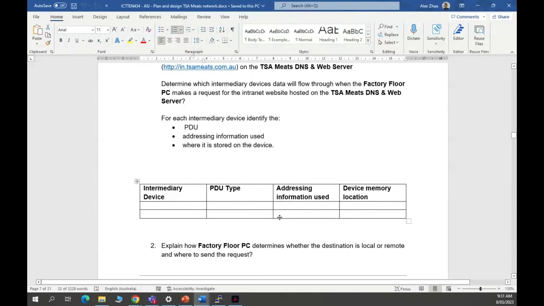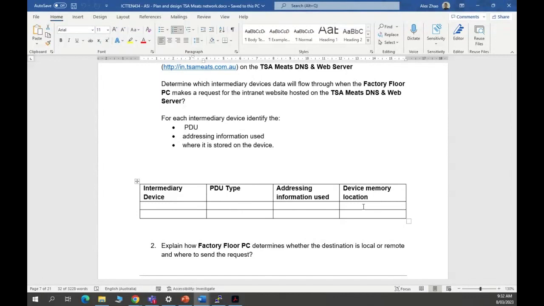And for a router, what's the addressing information? IP address. Okay, we're going to cover that today. If you remember, we spoke about this last week as well. Remember I said, take a bit of note.